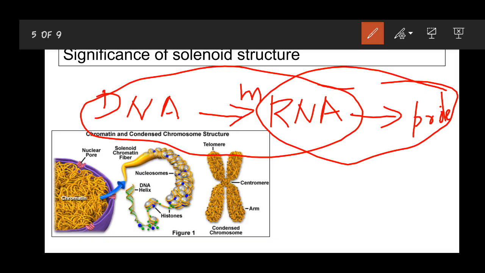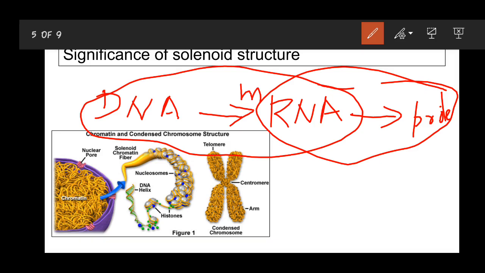We'll come to what differential gene expression is later. A particular cell produces a particular type of protein, but another may not produce that protein, and this difference is termed differential gene expression.